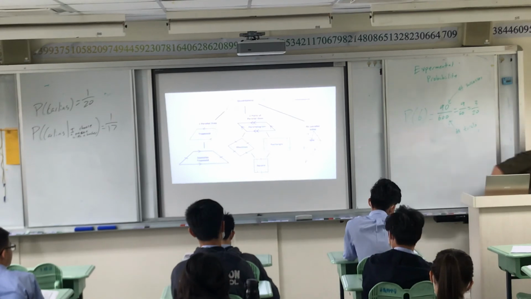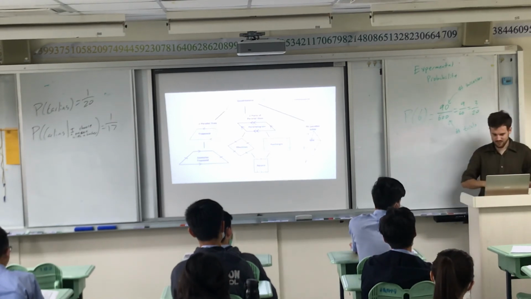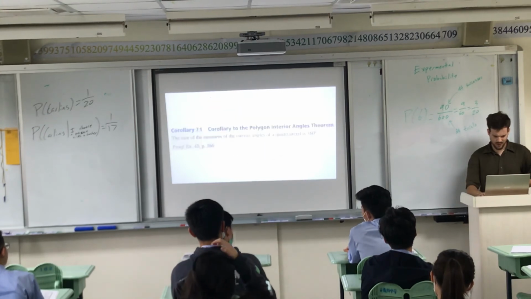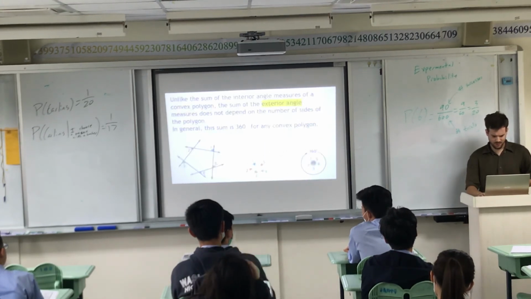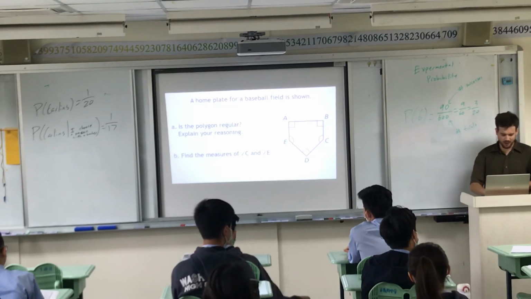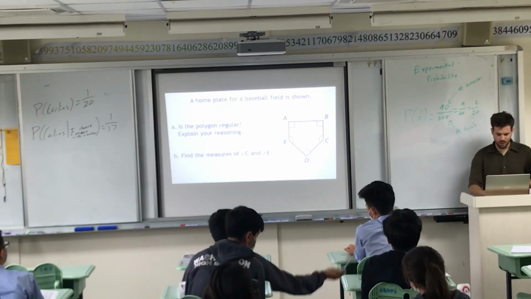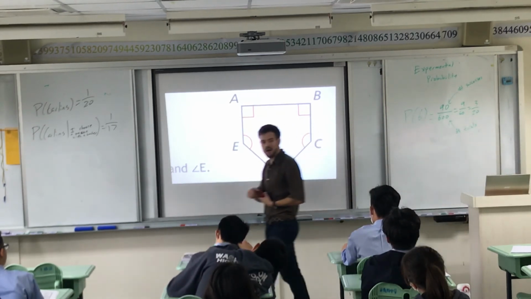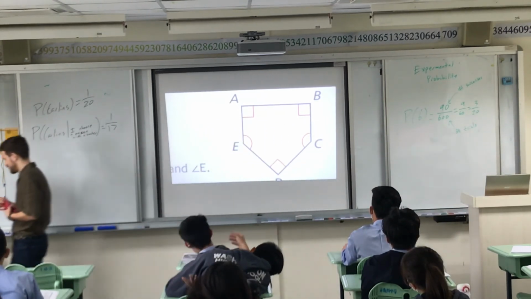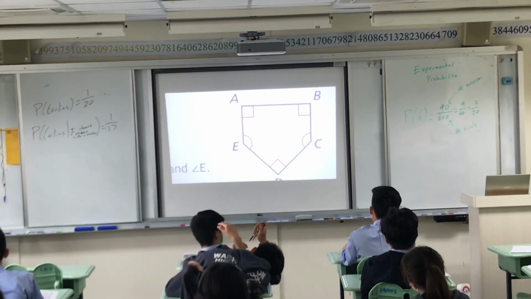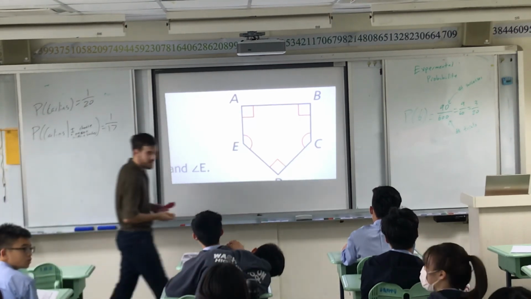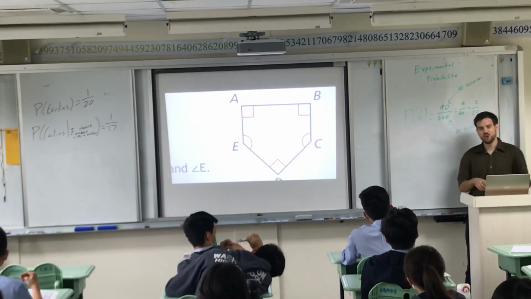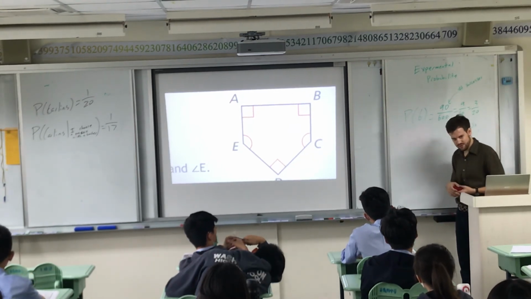Let me ask you guys some questions then. Alright, here's a polygon. Don't ignore the questions, I just want a polygon. Here is this polygon. Lorena, can you name 2 consecutive vertices?